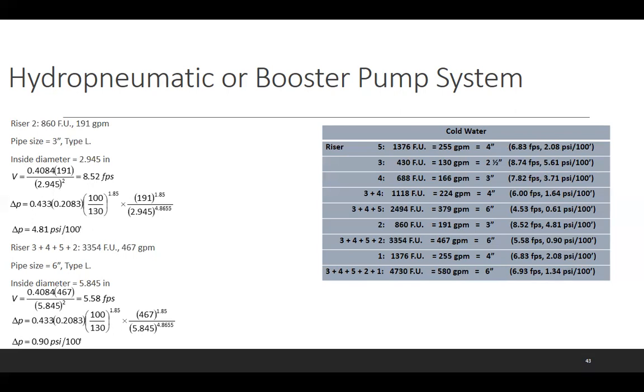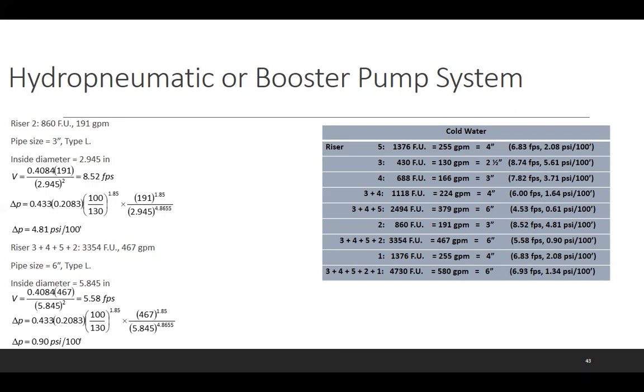The riser 3 plus 4 plus 5 plus 2 is 3354 FU, 467 GPM. So pipe size is still 6 inches type L. Its diameter 5.845. So velocity is 0.4084 times 467 over 5.845 squared, is 5.58 feet per second.